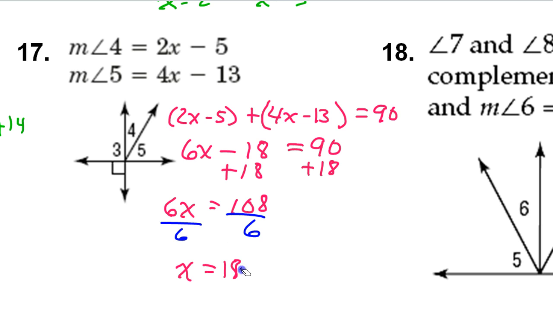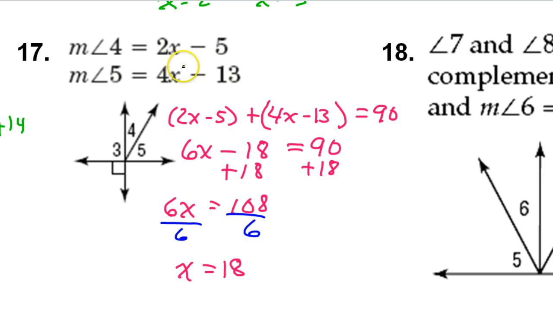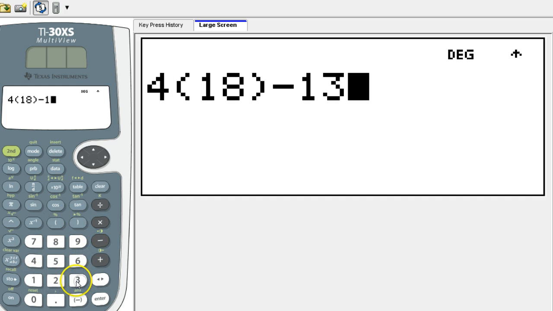Whoa, that's a weird looking 18. But 18 is not the final answer. We need to know the measures of these angles, and they're not equal, so we have to do it separately. Let's see, if I plug in 18 right here, that's 4 times 18 minus 13. That's 59.